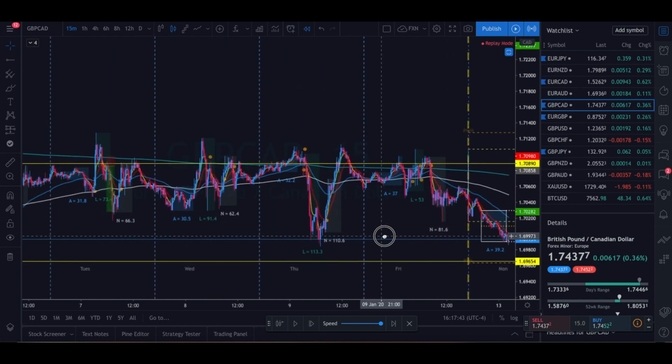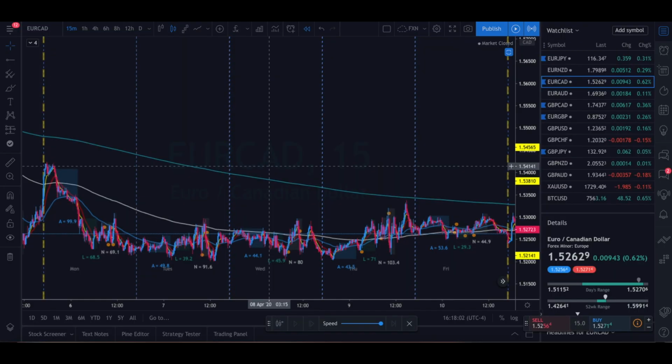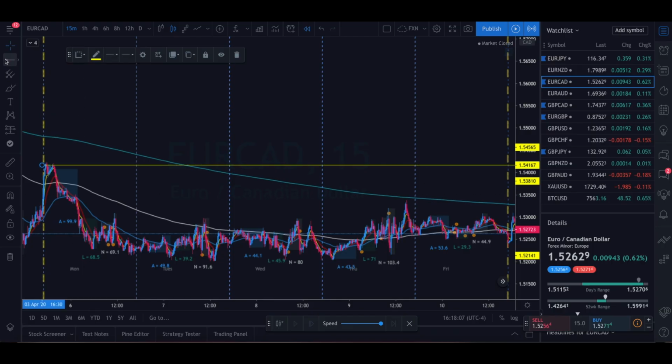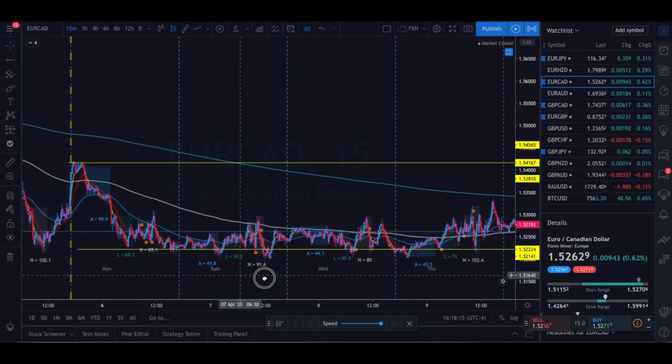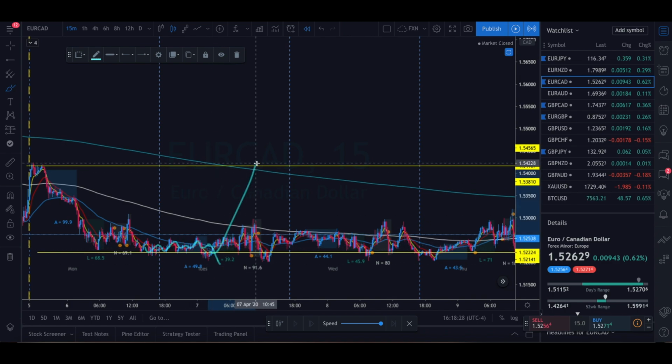All right, so let's take a look at a couple more here. Let's take a look at this one. Same thing. We set the initial high and the initial low on Sunday, Monday. On Tuesday, because of what happened on Sunday, Monday, if price is doing this, I would expect a false move or a type 2 and then a rise the whole day.